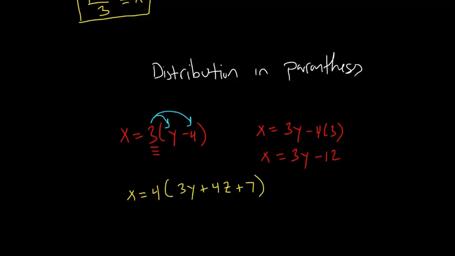We take this value of 4 and distribute it into each piece of our parenthesis. Every time you see a plus sign or minus sign, this 4 gets distributed into the piece around that. So in this case, we end up with x equals 4 times 3 times y, so 12y, plus 4 times 4, which is 16, times z, plus 4 times 7, which is 28.